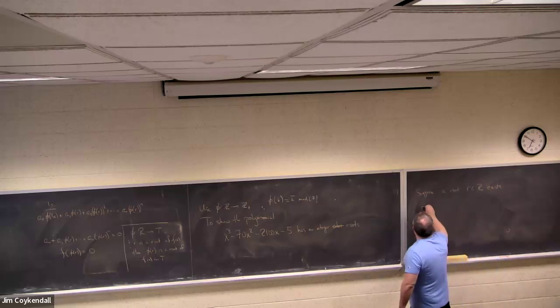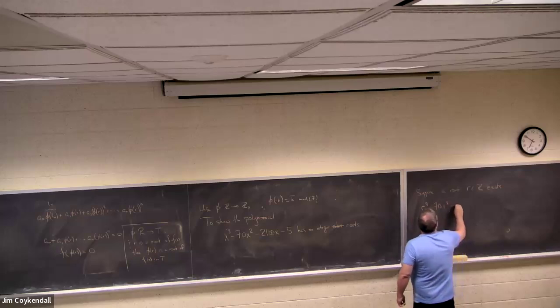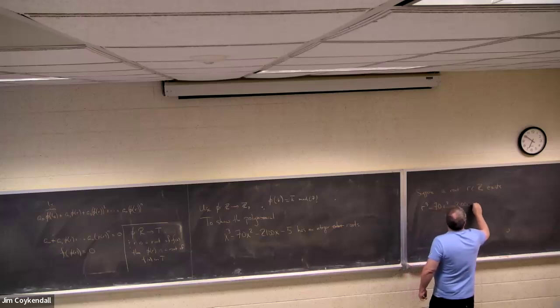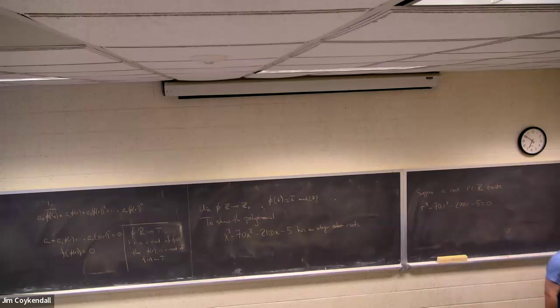Well, that would mean that r cubed minus 70 r squared minus 2100 r minus 5 equals 0 if there is an integer root.